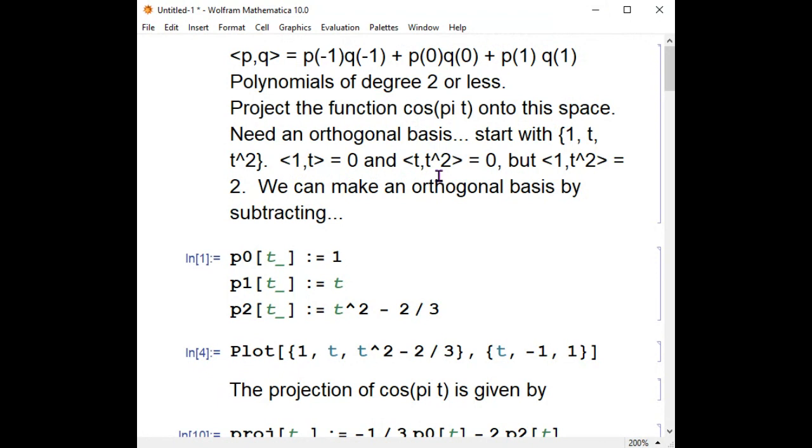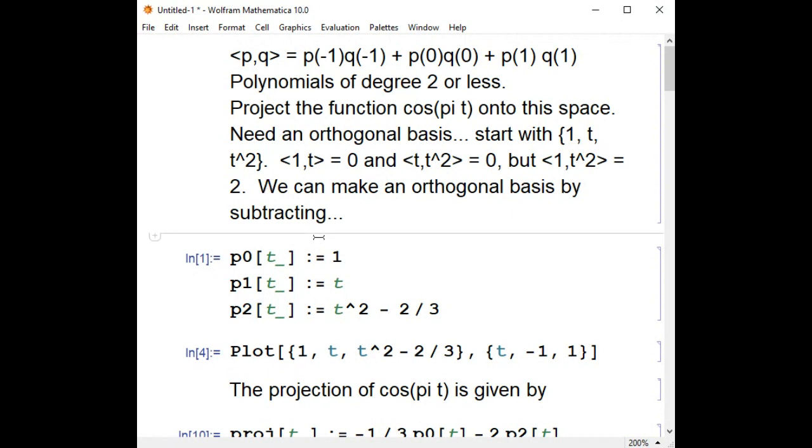The inner product of t with t squared is 0, because t squared is an even function and t is an odd function. But 1 with t squared, well, what's that going to be? 1 times 1 plus 1 times 0 plus 1 times 1. That's 2.